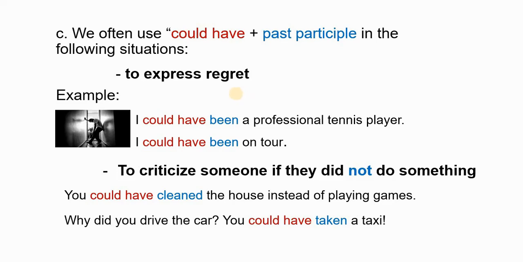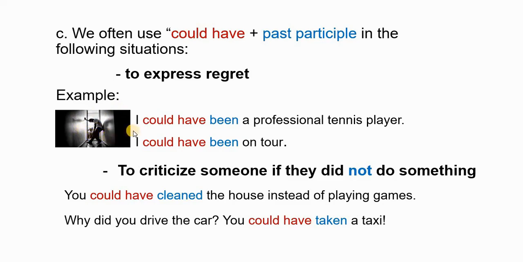For example, I could have been a professional tennis player. So he had the possibility of dreaming to be a professional tennis player in the past, but it didn't happen, so he regrets it.